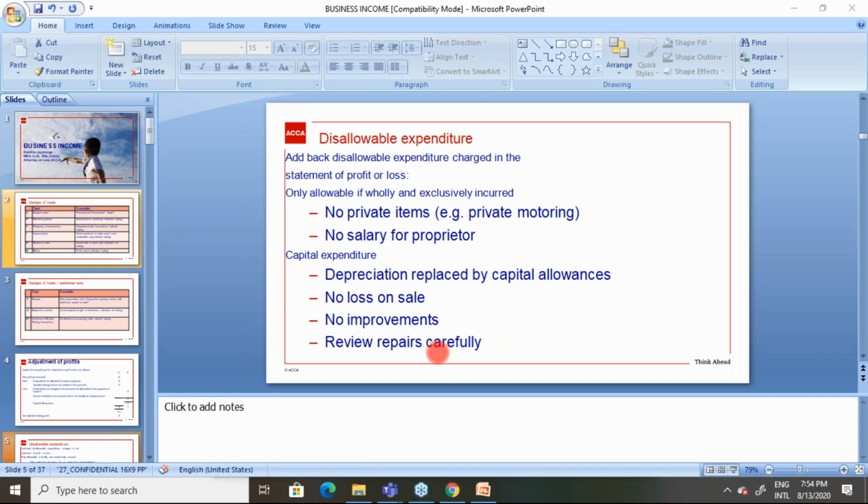If you can use the asset without the initial repairs, then it is an allowable expenditure. But if the initial repairs are essential to convert the asset into usable condition, in other words, if you are not in a position to use the asset without them, then it is not an allowable expenditure. It should be treated as capital expenditure.